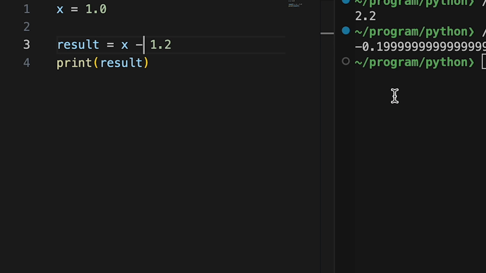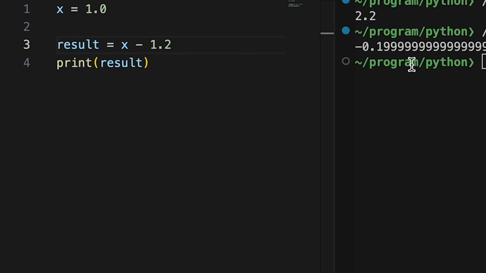It's unexpected, right? So the reason why the result becomes this answer is due to the way floating point numbers are represented internally in Python and actually many other programming languages. So computers represent floating point numbers in binary, and this representation can lead to imprecise results when dealing with decimal numbers like 0.1 and 0.2.